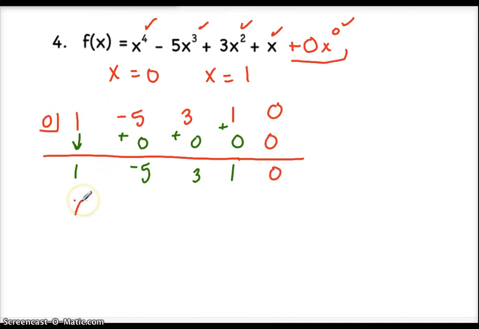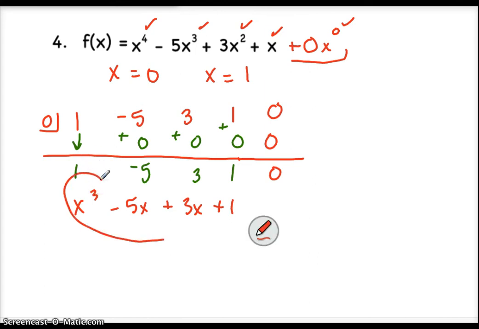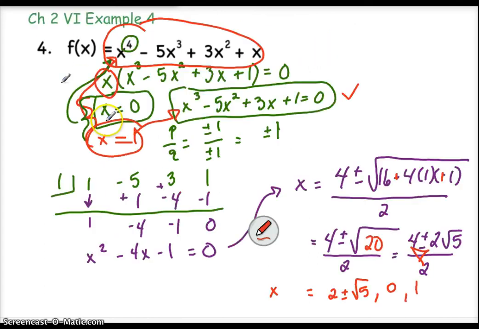Now remember, this only simplifies to a degree 3 polynomial, but if you compare this to the previous page of the example, it's the identical polynomial. So you would follow the same process as synthetic division by 1, and then you'll have all 4 zeros.